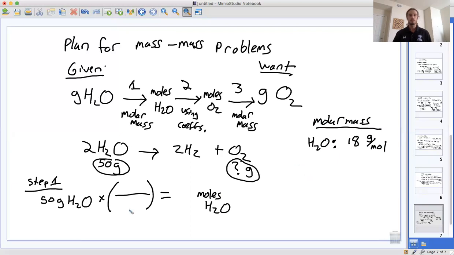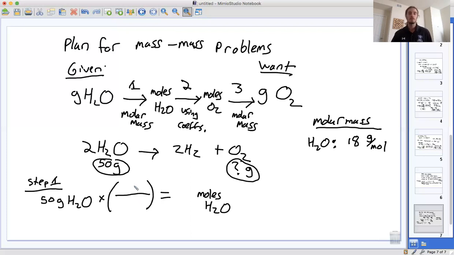So I've got a couple different options. I can do 18 grams over 1 mole or 1 mole over 18 grams. On the top and the bottom, I'm going to put 18 grams and 1 mole. It's just a question of which one goes on the top.